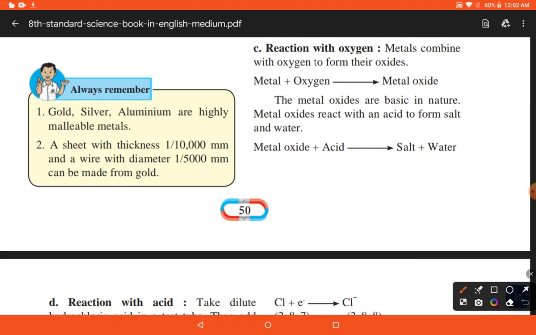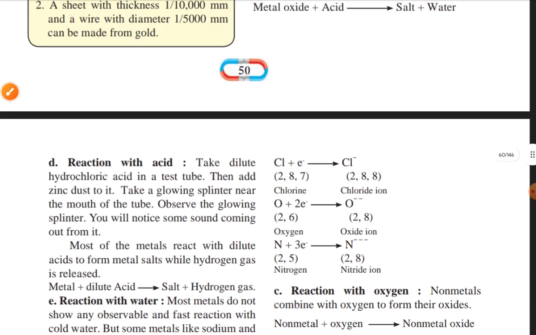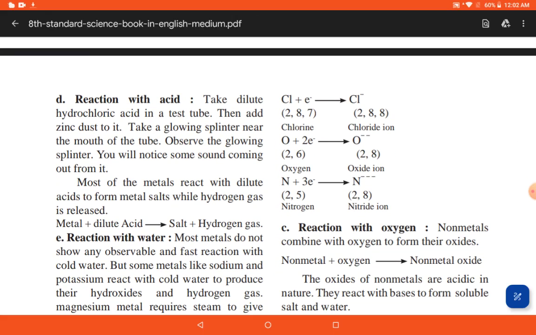Now, reaction with oxygen: when metal reacts with oxygen, it forms metallic oxides, and these are basic in nature. When I react those metallic oxides with acid, it will form salt plus water. And when I react a metal with acid, I will get a salt plus hydrogen.